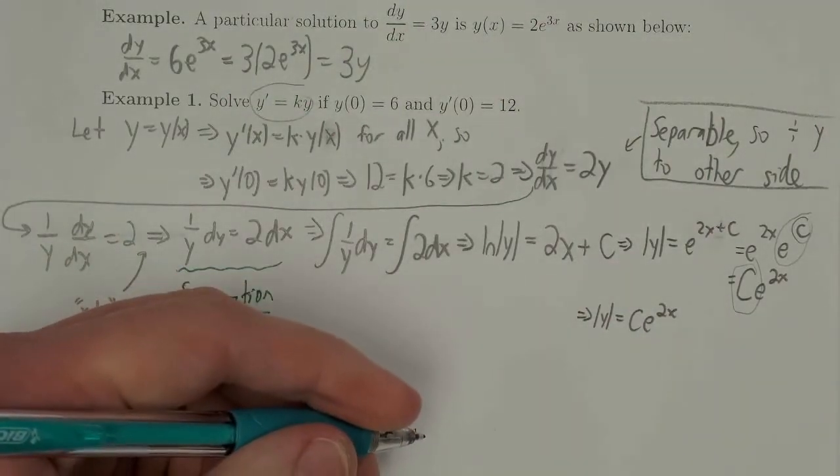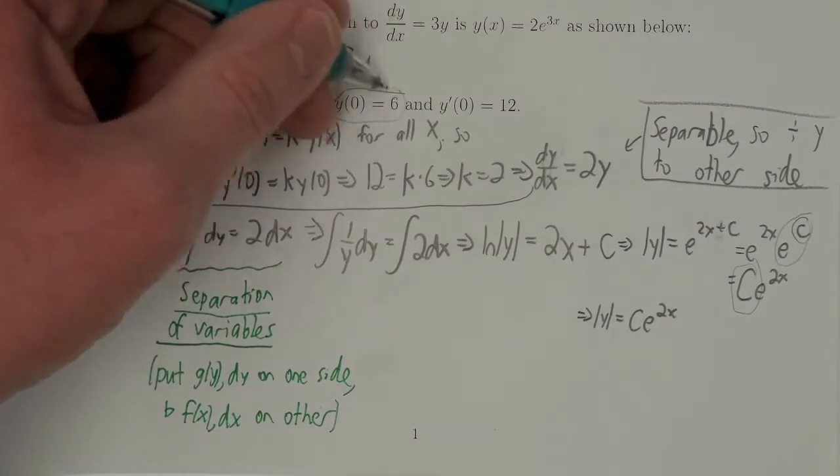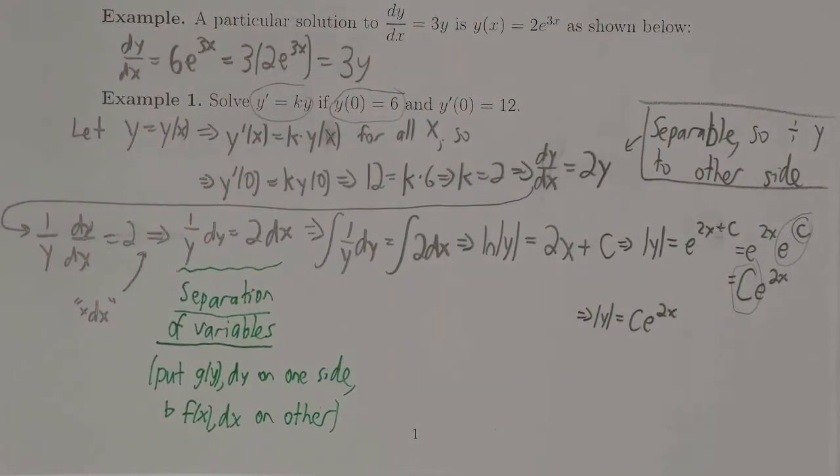So how do you think we could figure out what c is given what we have so far? So remember, we have y of 0 equals 6, right? So how could we get the value of c given that?